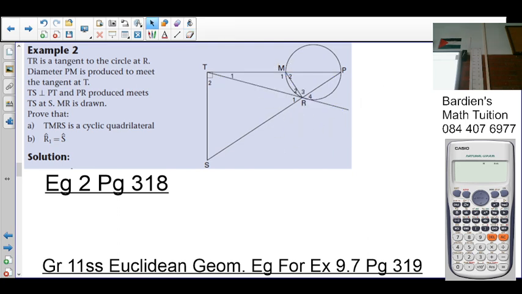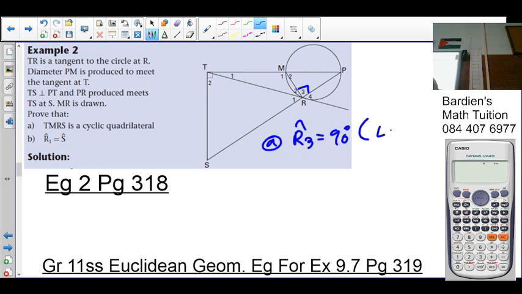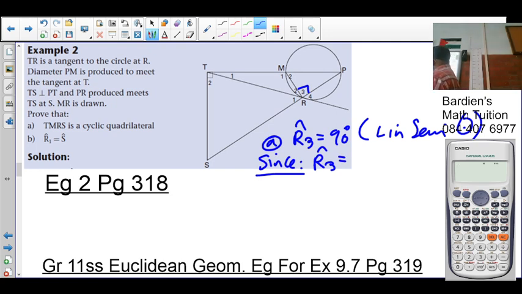Okay, so when we start, we start off by saying R3 is equal to 90 degrees. Why? Angle in semicircle. Now we're going to state the obvious, not so? So what do we say? Since R3 is equal to STP, which is equal to 90, because that angle is equal to that angle.